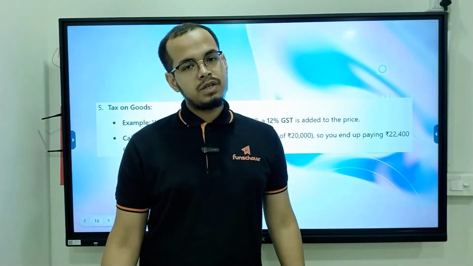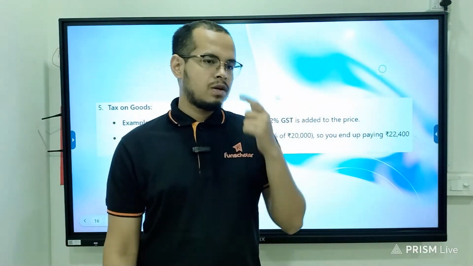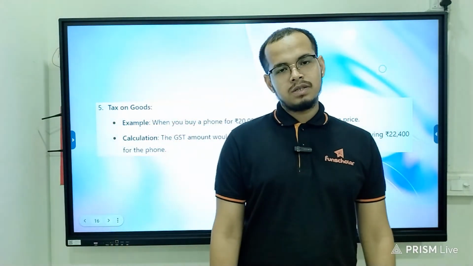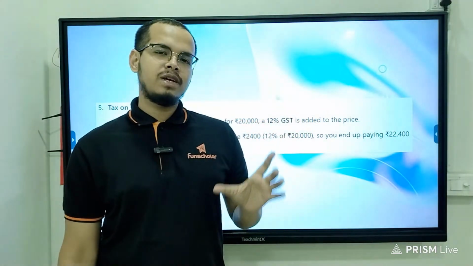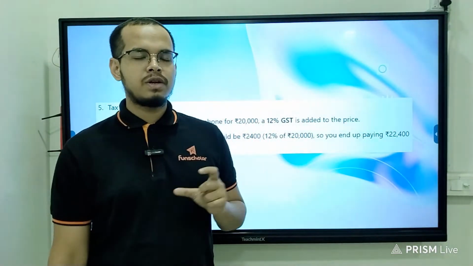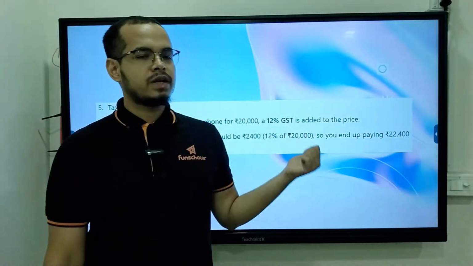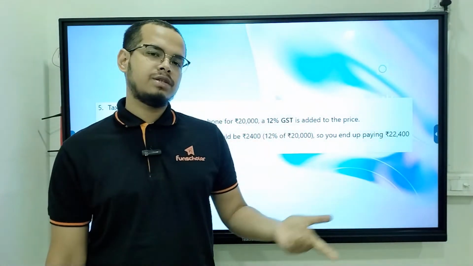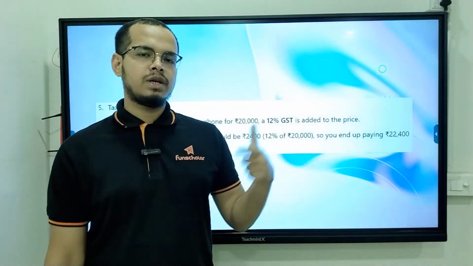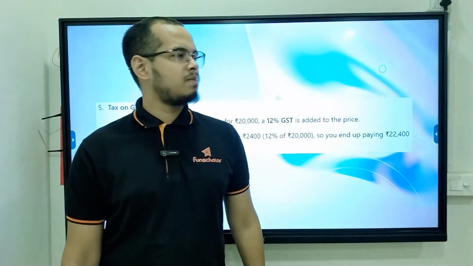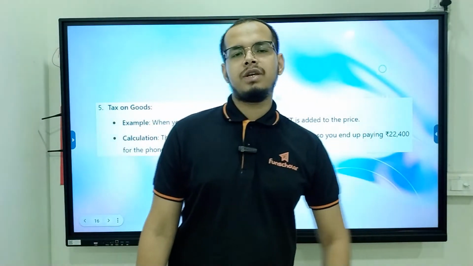CGST is central goods and service tax. We have a lot of different taxes. I'm not giving you an economics lecture, but even if you go to a restaurant or anywhere, you'll see SGST and CGST printed on the bill. There are a few rates: 12%, 18%, 4%, 8%, depending on which state you are in.